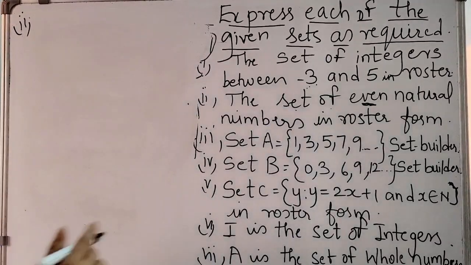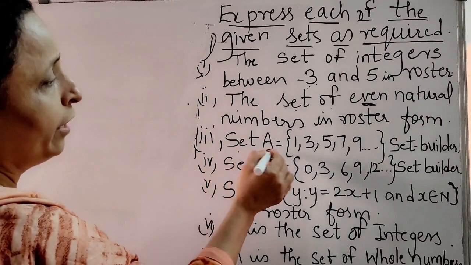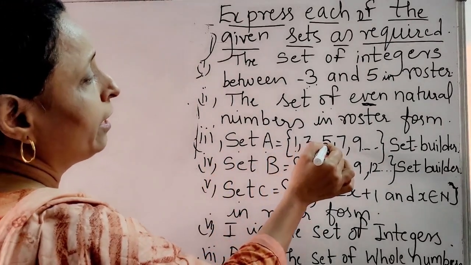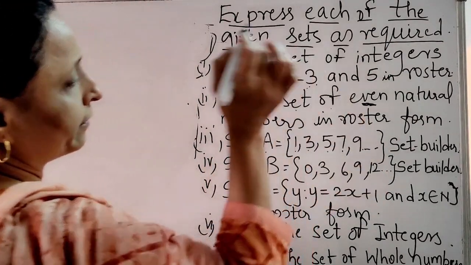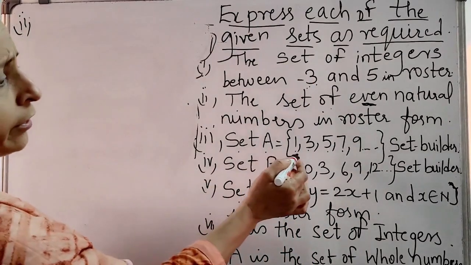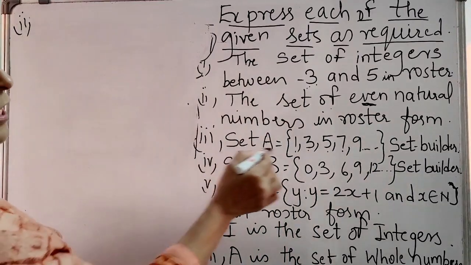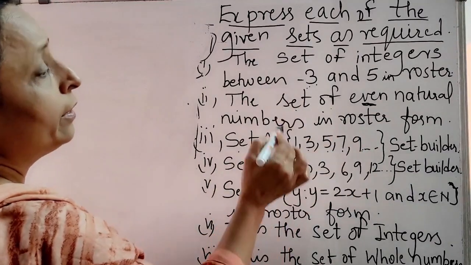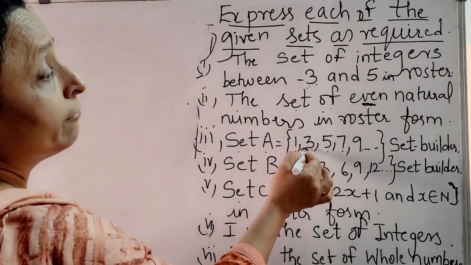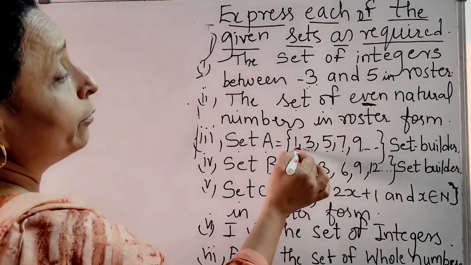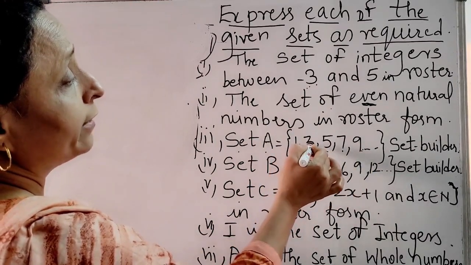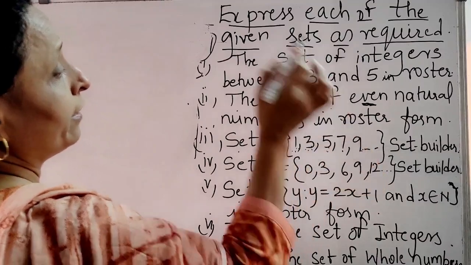So now here it is set A, which is 1, 3, 5, 7, 9. Looking at it, you can see they are natural numbers, but the evens are not included. Only odd ones are there, 1, 3, 5, 7, 9.